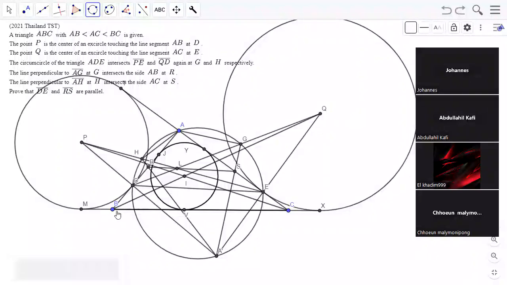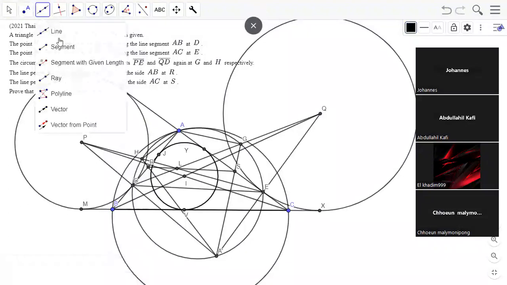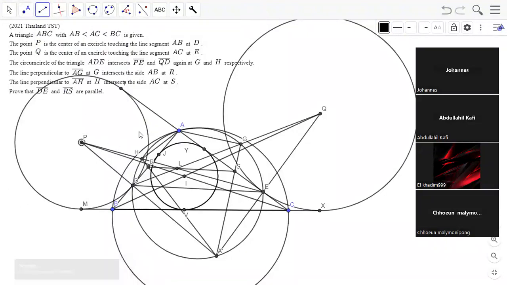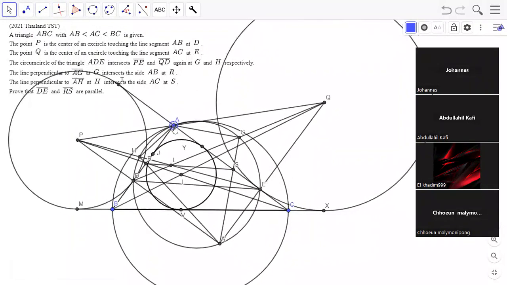You want to draw this? You want to draw the circumcircle BAC? Yeah, and I want to intersect it with PQ, which is just the bisector at A. Okay. And that also lies on ADE, which is cool. Interesting. Okay.